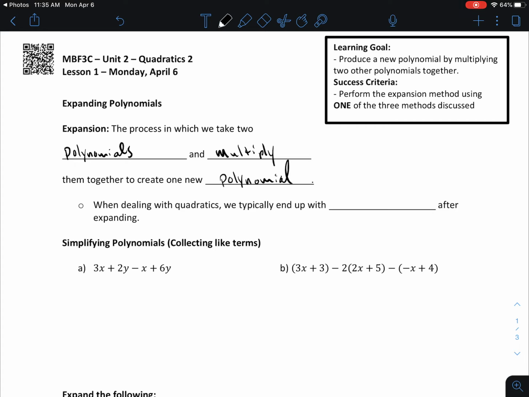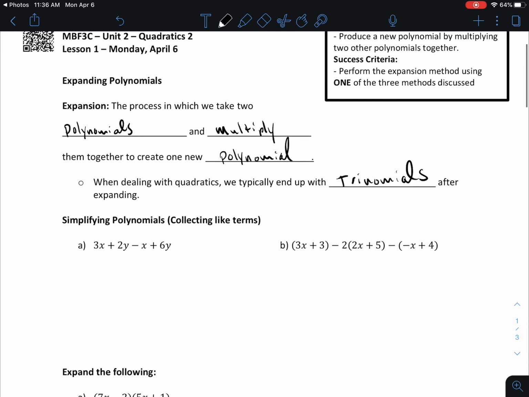It'll make more sense when we do some actual problems. One key point here is that when dealing with quadratics, we typically end up with trinomials. Typically, right? So things with 3 terms in them, okay? So on the homework sheet, there are some questions. I just like to go back and clean up some quadratic stuff as we move through the next few lessons here, and we'll make sure everybody's okay with everything quadratics related.